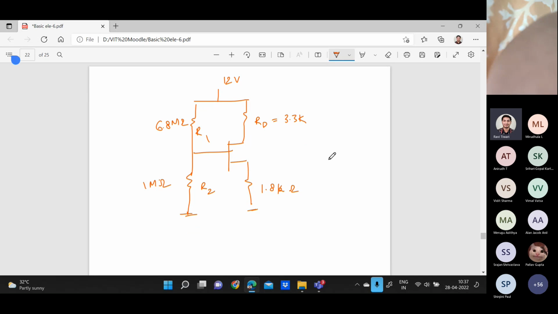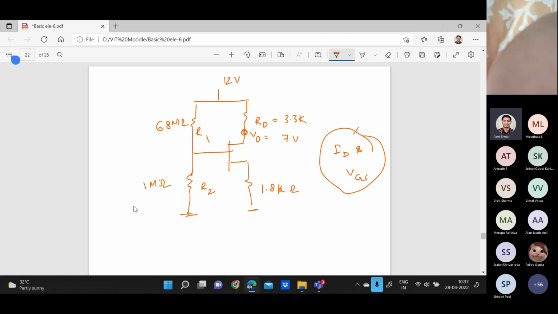They said that the VD, the drain voltage, is equal to 7 volt, for example. Find out the value of ID and VGS. It's similar to what we have seen with the voltage divider in the BJT.